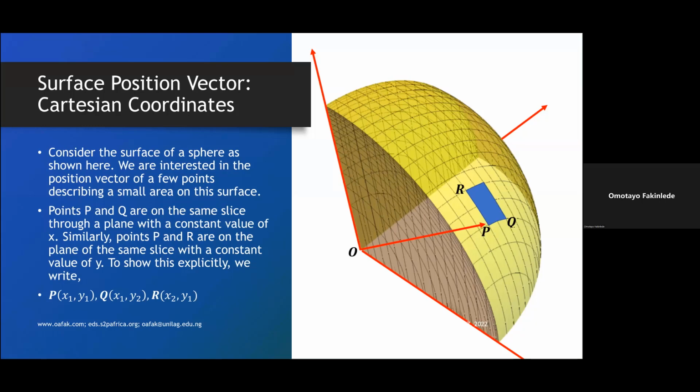Similarly, as R tends to P, there is also a tangent parallel to X, because Y is not changing on that. Consequently, if I want to find an element of area on that surface, I'm almost telling you what I will do.